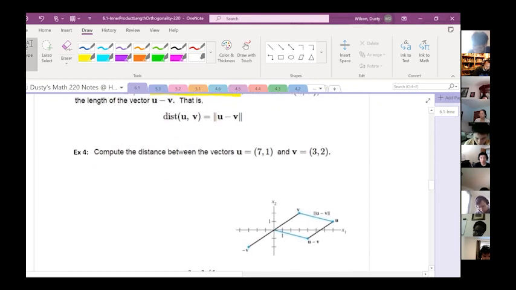So here I've got some U vector that's over there, and I got a V vector (3, 2) that's here. And so U minus V is this vector here or there, because it doesn't matter where the order is. And so all we're looking for is the length of that vector.